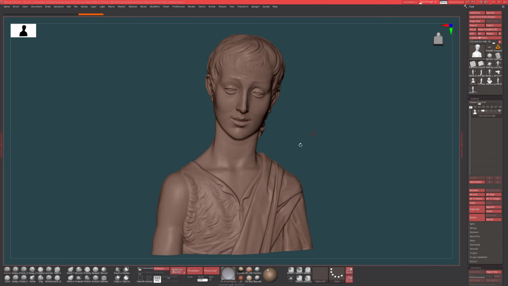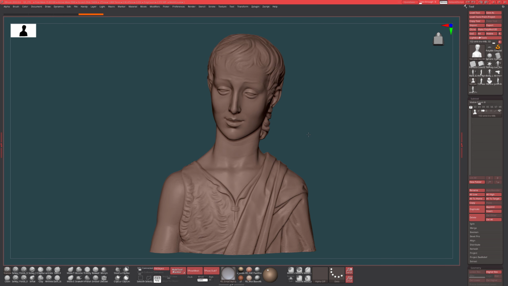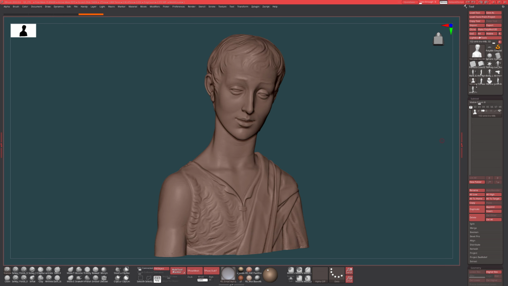Okay, let's talk a little bit about the stylization, or examples of this style that I will most likely be aiming at. So I've gathered a few scans. They are by Donatello, at least some of them. This one, I'm not sure if this is Donatello.